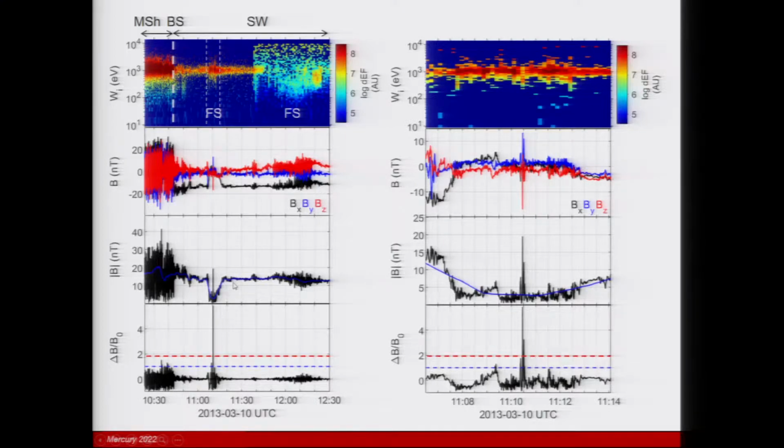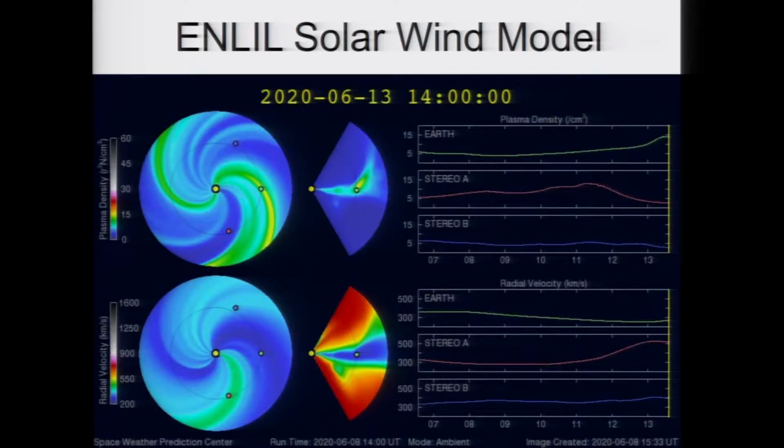Now we can test this in another way. Okay, we don't have real density measurements, but we can use ENLIL solar wind modeling, which is based on photospheric observations. This model is pretty good at providing background parameters, at least at Mercury orbit.